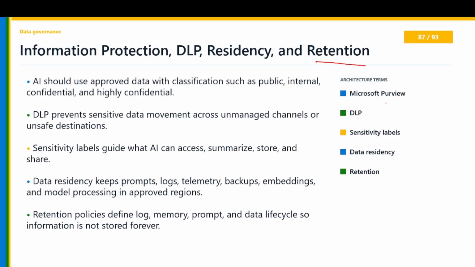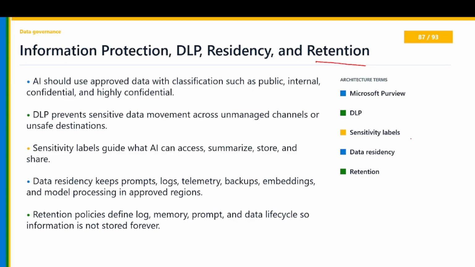Microsoft Purview is the governance platform for governing information and for PII redaction, residency determination and retention, and data loss prevention. Understand data loss prevention, DLP. Understand sensitivity labels, which are applied in Purview. Some customer data are sensitive and they are assigned a sensitivity label.